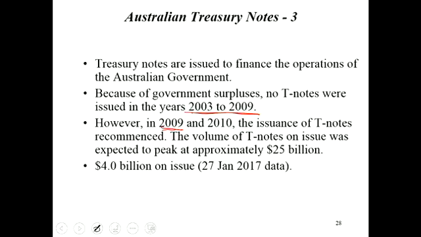It's an interesting problem, and the Australian government isn't the only one you see doing this: governments running a surplus will continue to issue government securities even though they don't need the money, to support the smooth functioning of the financial markets. In terms of what's on issue, I looked it up just earlier, about $4 billion on issue now, and that provides a reasonable market for the thing.